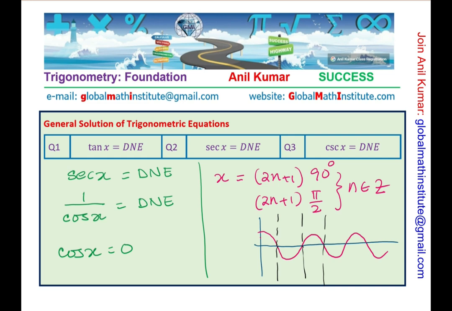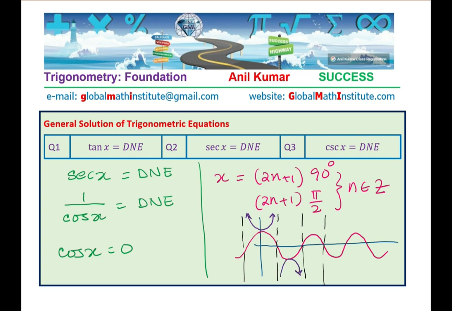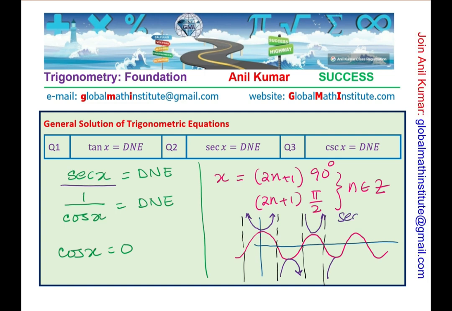You could continue on this side also, the left hand side. And the secant function will have vertical asymptotes at pi by 2, minus pi by 2, like this, right? So that becomes the secant x. So it does not exist at odd multiples of 90 degrees or pi by 2.